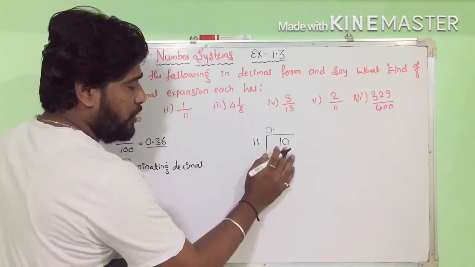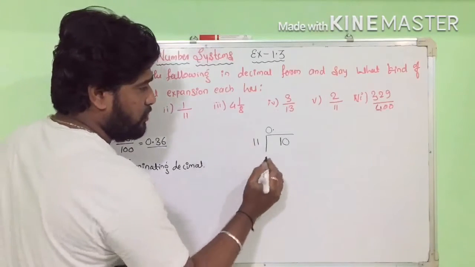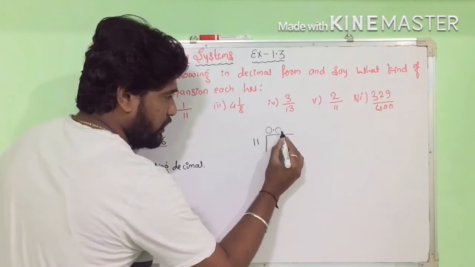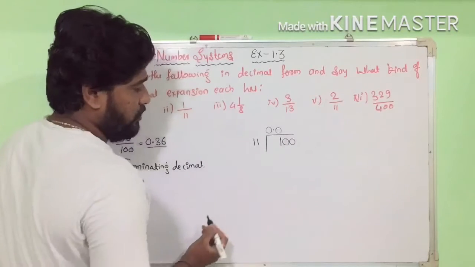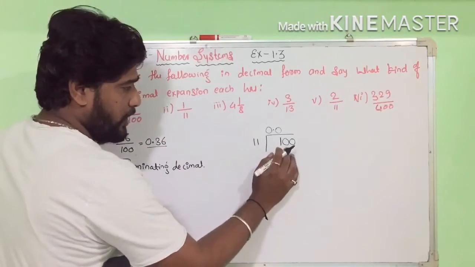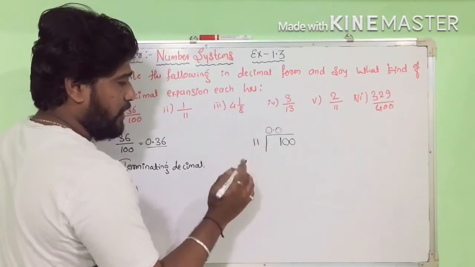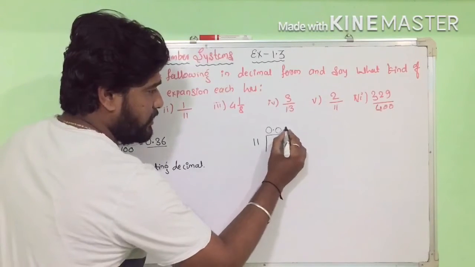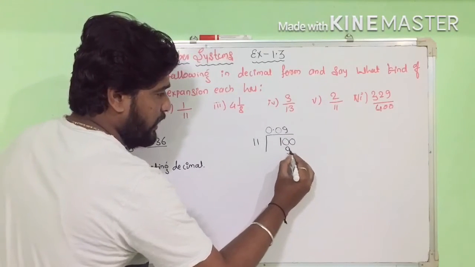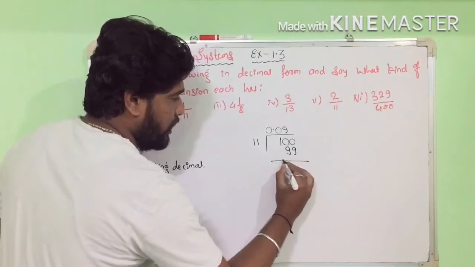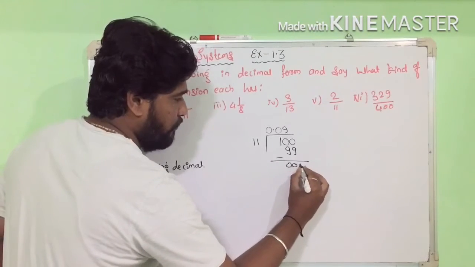Now also the dividend is smaller than the divisor, so give another 0 and increase to 1 0 0. Now the dividend is bigger than the divisor. Here 11 nines are 99, so we got remainder 1.